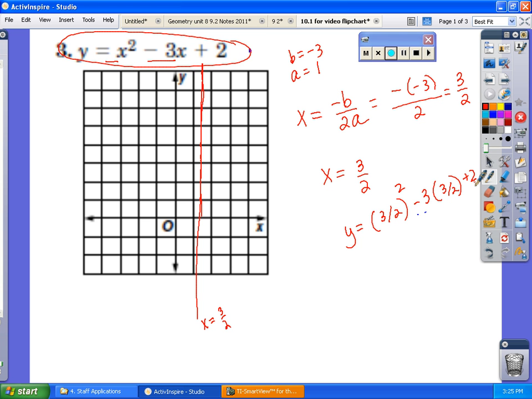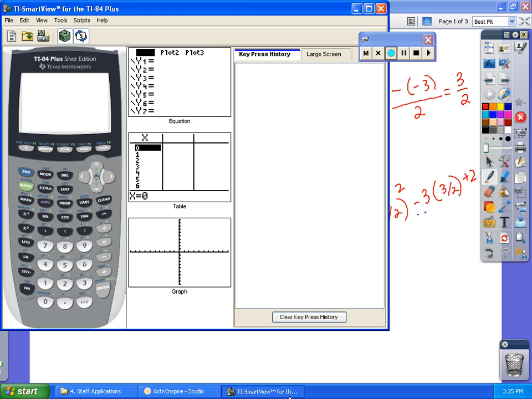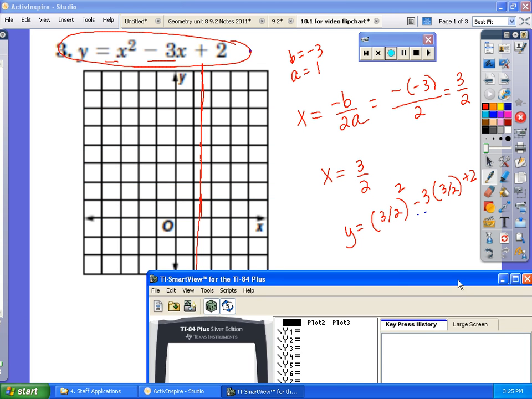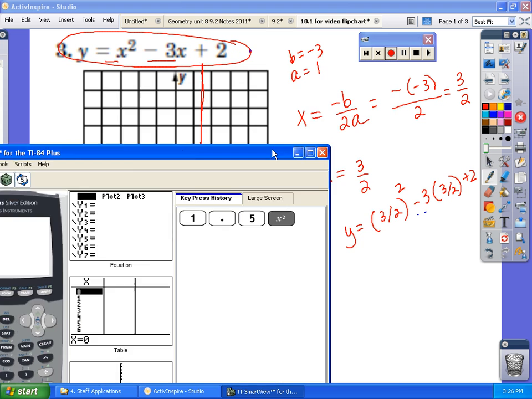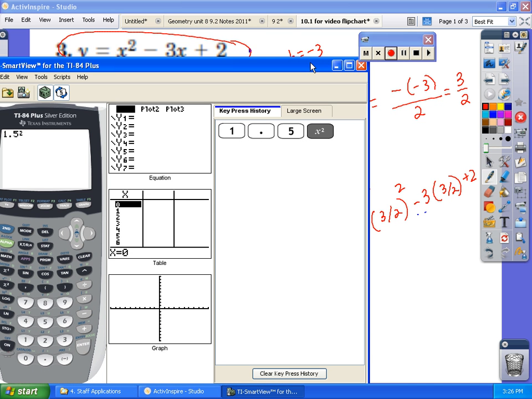So what I'm going to do now is plug that into my calculator. And instead of 3 over 2, I'm going to use 1.5, so it's 1.5 squared, minus 3 times 1.5, and then finally plus 2.